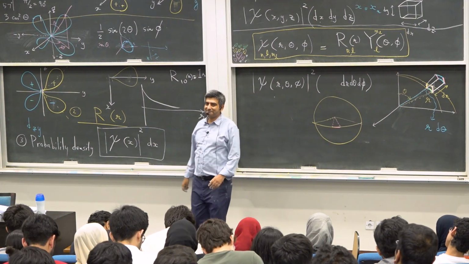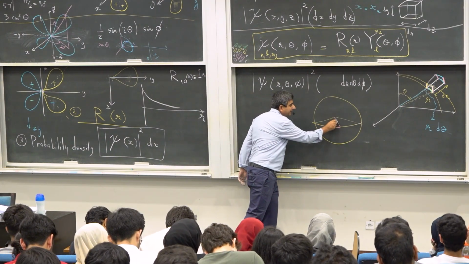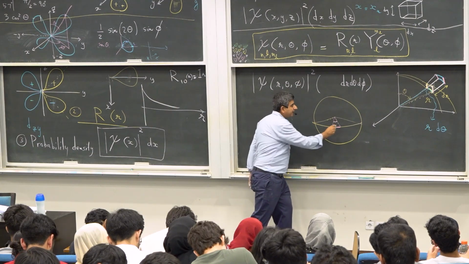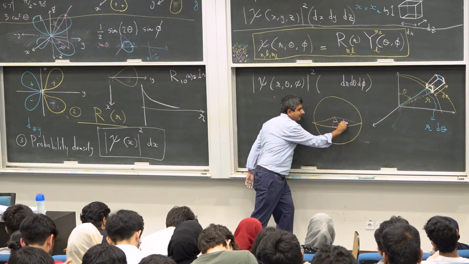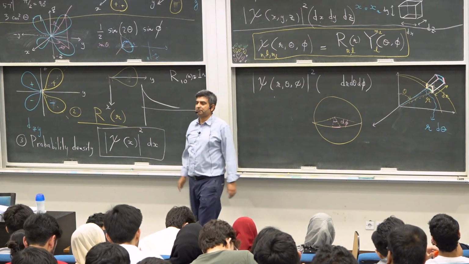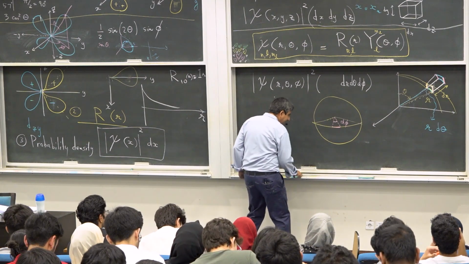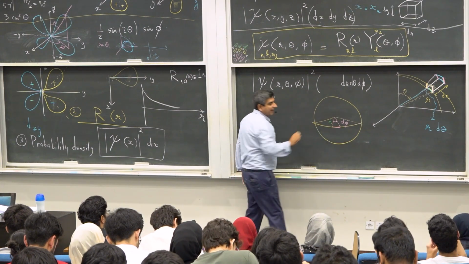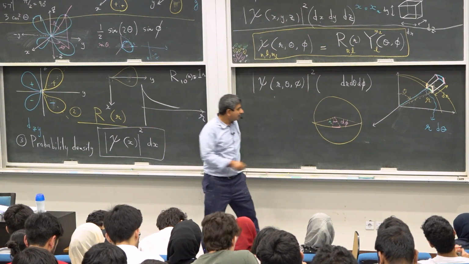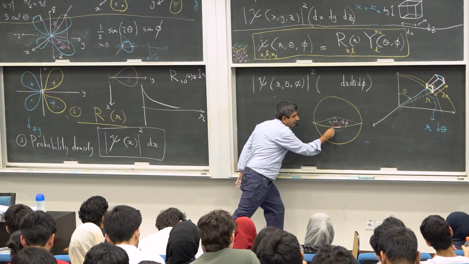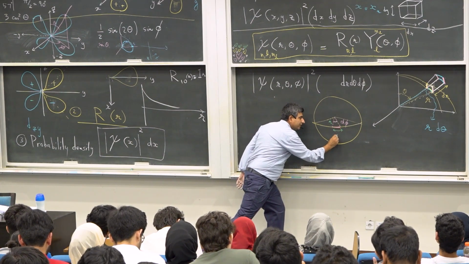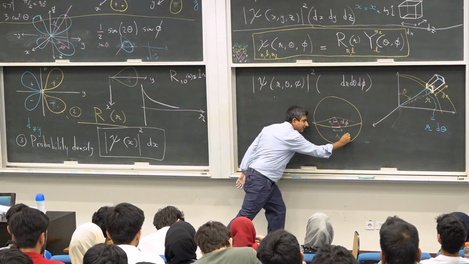This is a sphere. This angle is some angle dφ. This radius is r, and I am on the equatorial plane. What is this length equal to? r dφ. Good, shabash, very nice.